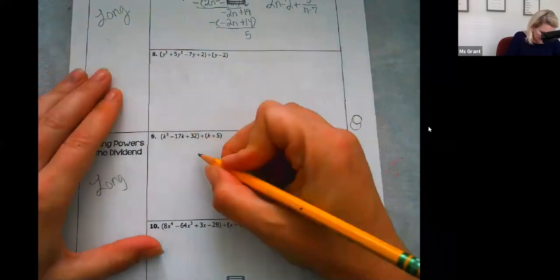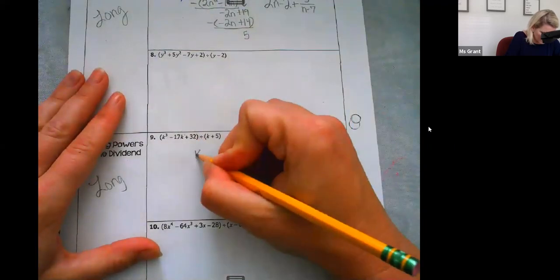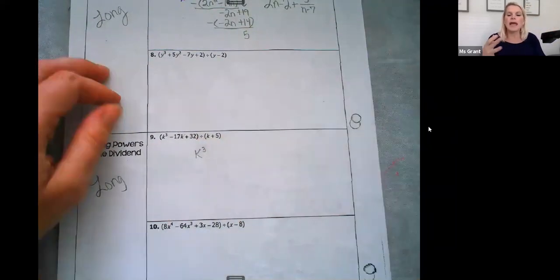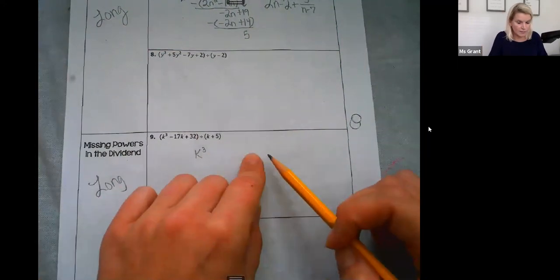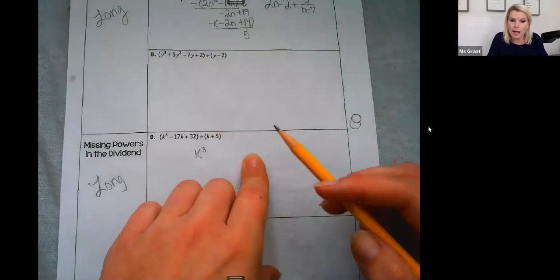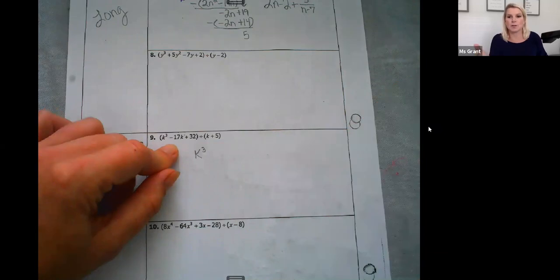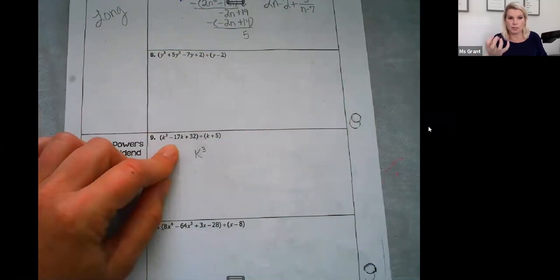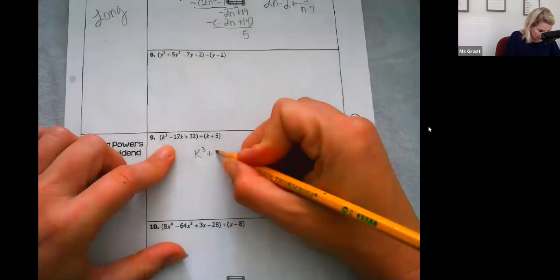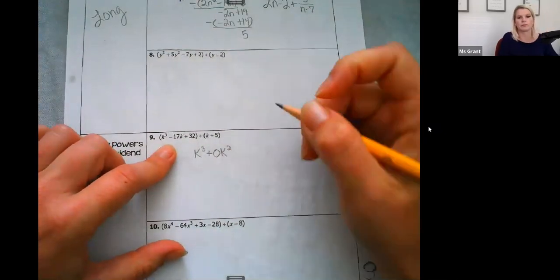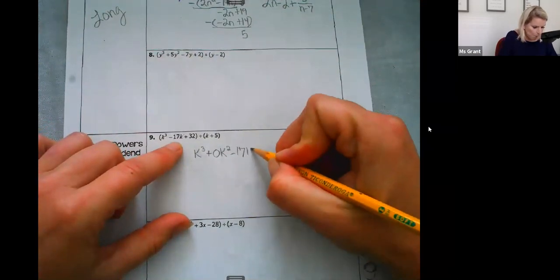Because if I'm going to write k to the third, there's no k squared, but I need to have everything in order here in my division problem. So what I'm going to have you do is put a 0, because 0 times k squared would still hold that place. 0k squared, then minus 17k plus 32.